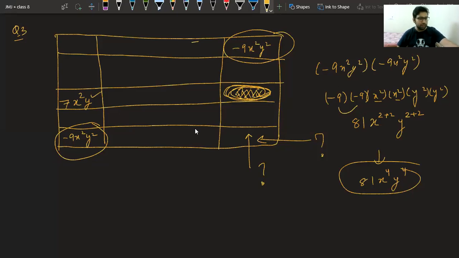What will you get? Okay, Vaibhav is saying the answer is correct. Soham, one mistake is there. Beta, please check. Soham, one mistake is there. Vaibhav cube. Okay, Vaibhav is correct. Rudra, mistake is there. Beta, please check. Yash Khandelwal is correct.